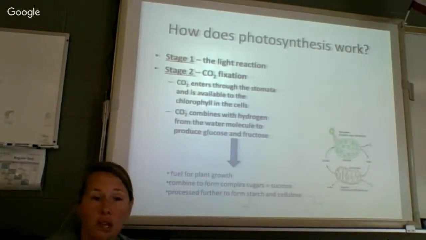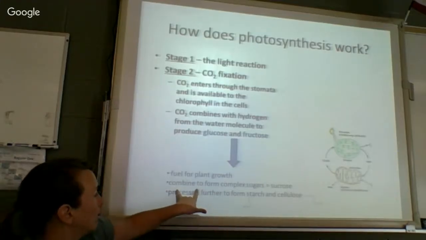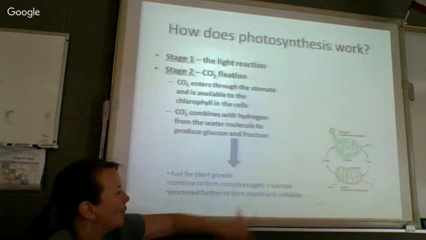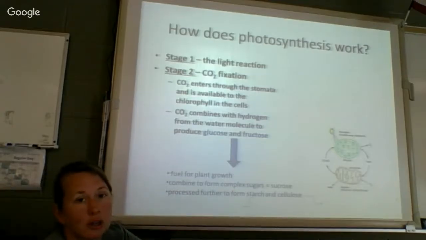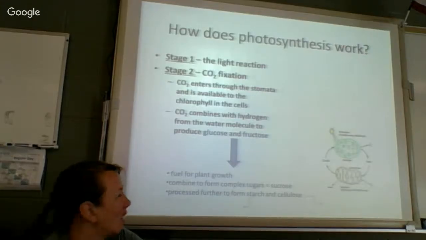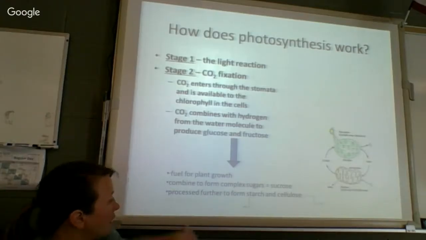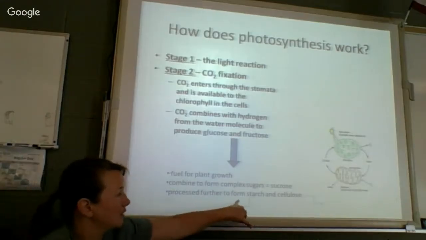They fuel plant growth. They don't make plants grow. We'll get into that when we talk about our next topic. They will combine and form more complex forms of sugar. Sucrose you may have heard of. That's more complex; there are more atoms present in that one than in C6H12O6. Then they can be further processed into starches.